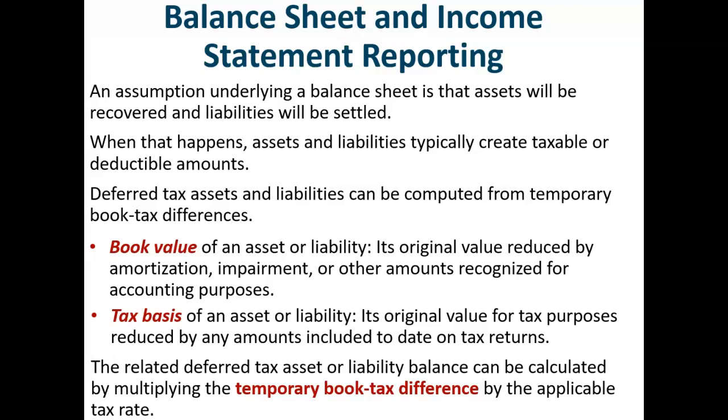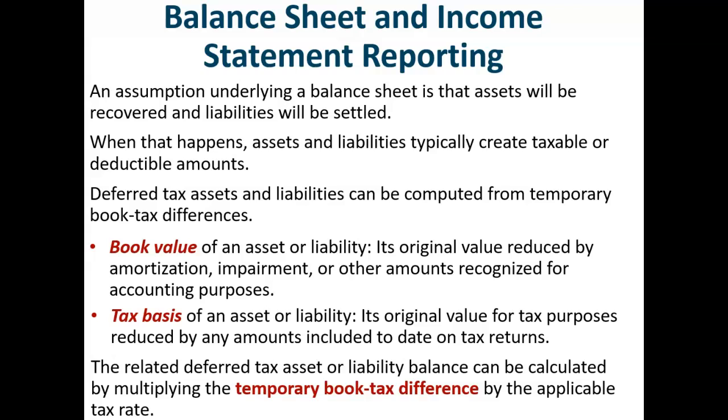Before that occurs, there could be a temporary difference between the book value of the assets and liabilities in the balance sheet and their equivalent tax basis, which is an asset or liability's original value for tax purposes reduced by any amounts included to date in the tax return.